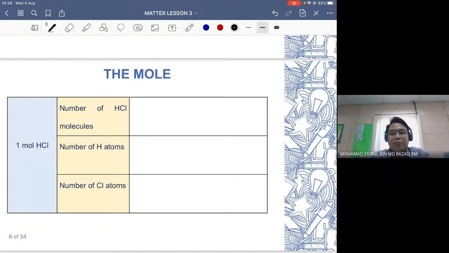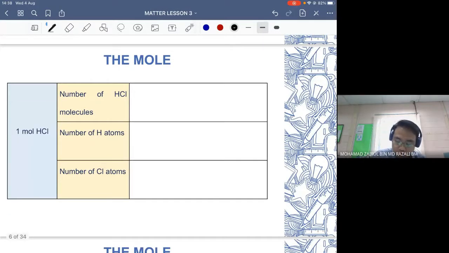Okay, ini pun ada pesawat, so saya hanya akan tunjuk few example lah. So let's say if we have 1 mole of HCl. Okay, how many HCl molecules? If the question asks you number of molecule, number of atoms, number of ions, number of compound, you need to multiply by Avogadro.